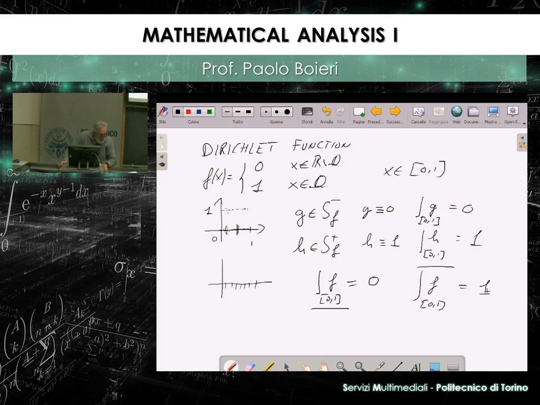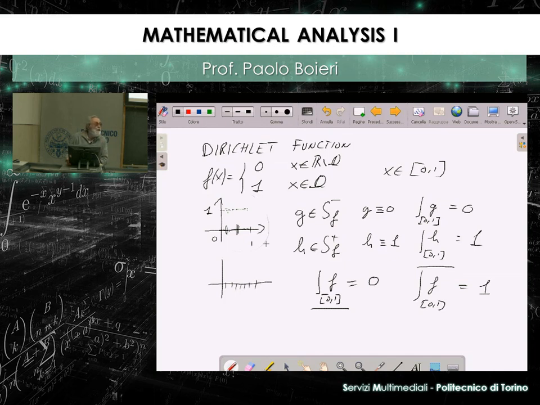And this is an example that the definition of Riemann integral, the Riemann integral, doesn't cover functions of this type. It is impossible to define the integral of this function according to Riemann.